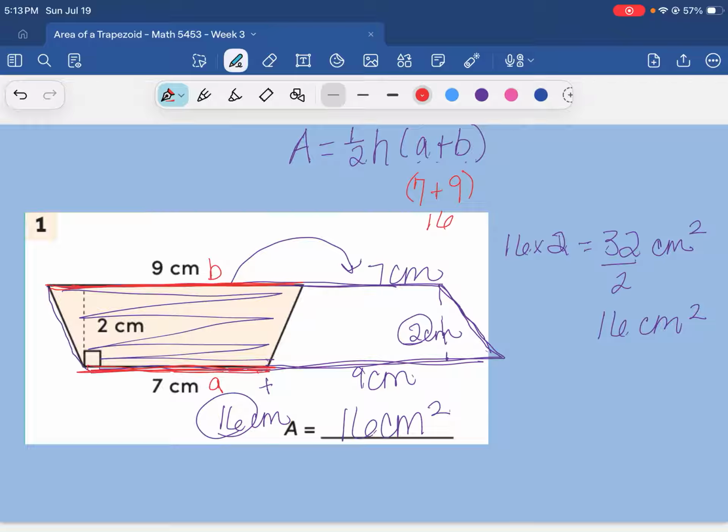Then we times that by the height, which is 2. So 2 times 16 equals 32. And then we times that by half, which gives us 16 centimeters squared.